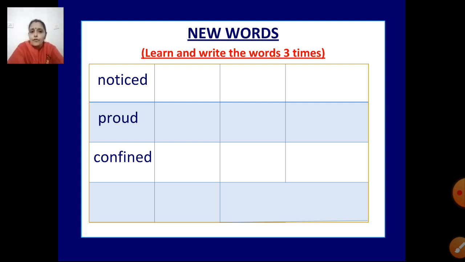Done? The next word is elaborate. E-L-A-B-O-R-A-T-E, elaborate. Elaborate means in detail.